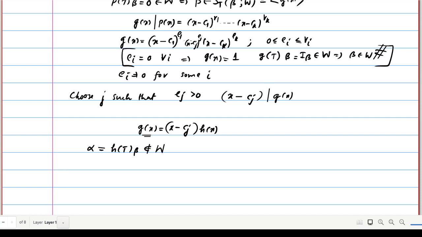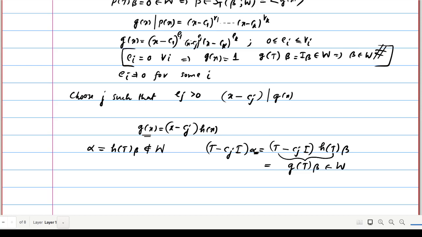But when you write alpha in this way, we consider t minus cj i of alpha. This is equal to t minus cj i of h of t of beta, because alpha is defined as h of t of beta. So this is nothing but g of t of beta, and this is in w.